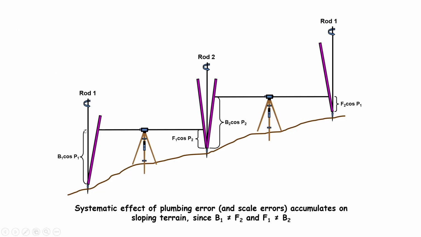B means backwards direction and F means forward direction. And every time going up the slope, the error on the back rod will be greater than on the front rod.